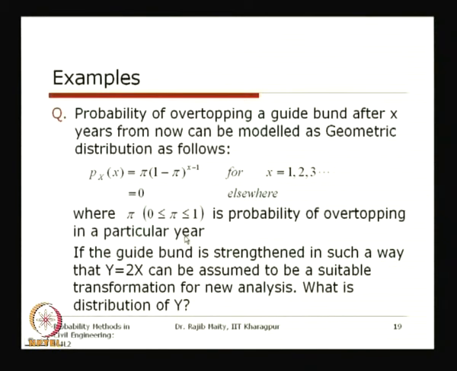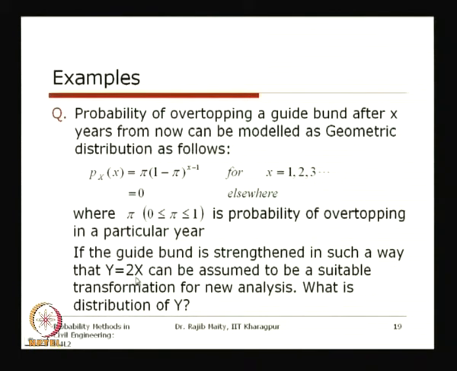Now, the situation is this: to make the guide band more effective, it is strengthened in such a way that if I want to do some new analysis, the transformation y equals 2x can be a suitable transformation.